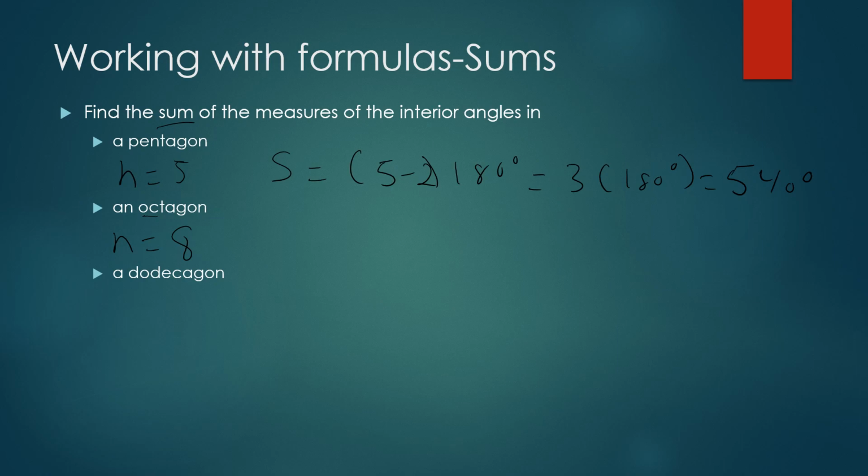But it was supposed to be the 8th month before they added a couple other months. It's weird, I know. But anyway, we have n as 8. So s is going to equal 8 minus 2 times 180 degrees, which gives me 6 times 180 degrees, which should be twice as much as the previous one.